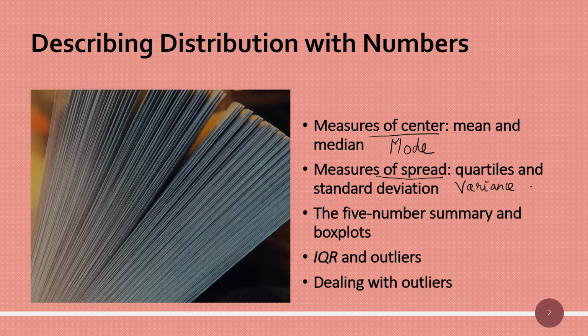But in this video, we would like to discuss only the first two, the measure of center and the measure of spread. In my second video, part 2, I will explain how to get the 5-number summary, how to get the box plot, what the IQR is, and how to identify outliers using the IQR.